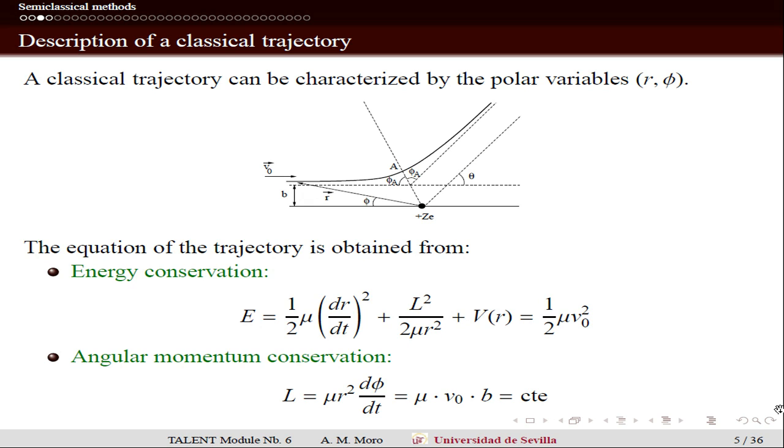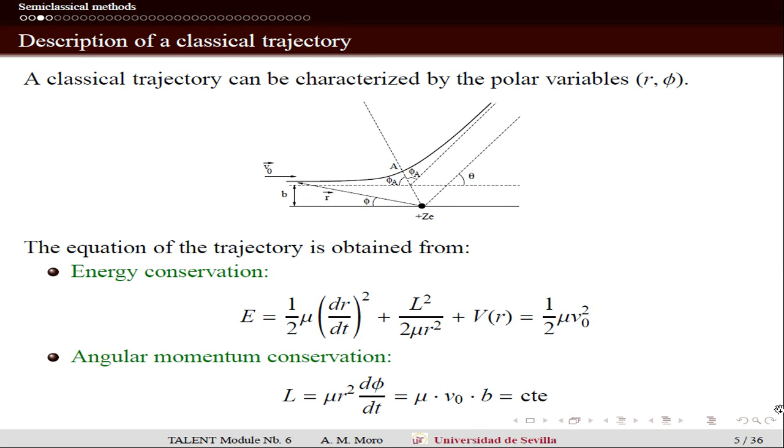Or we can get the trajectory in a parametrized form, r in terms of phi or the opposite. So we can choose the time as our parameter and describe how these two variables change in time, or we can write one in terms of the other. This is how one typically expresses the classical trajectory.